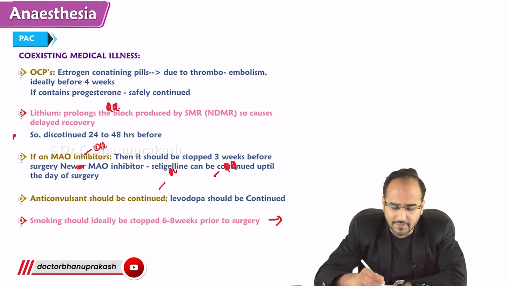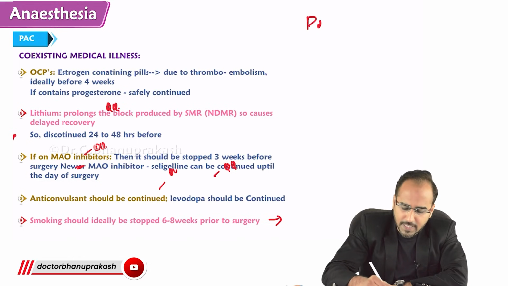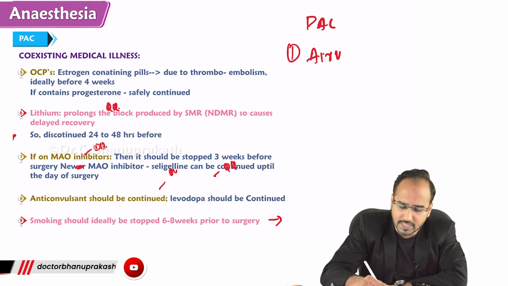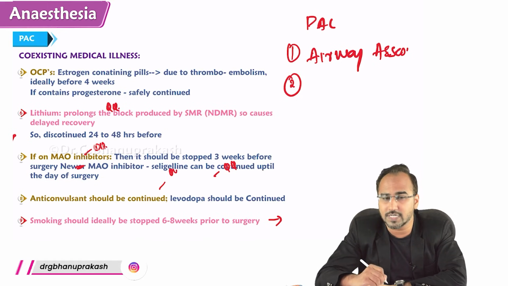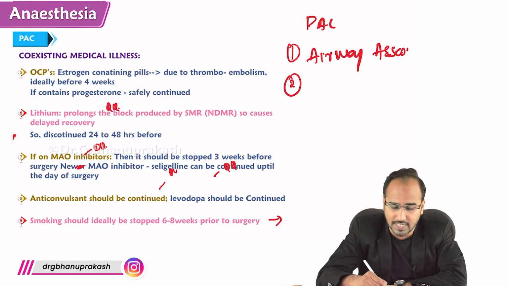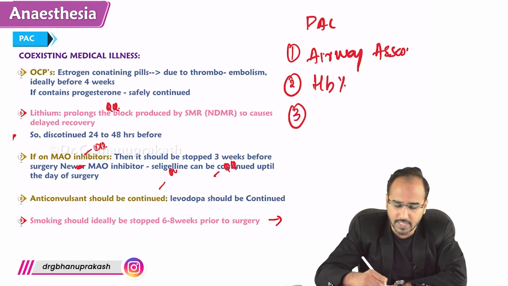Now, guys, we are done with the PAC. In the PAC, as I have already told you, the most important step is what? Airway assessment. After airway assessment, what is the next important thing in the PAC? It is the hemoglobin. After hemoglobin, fasting status.